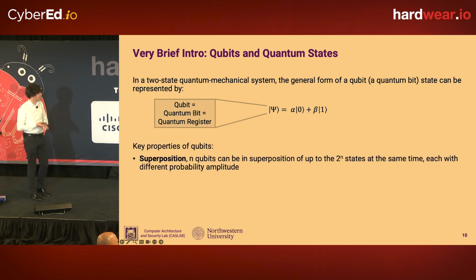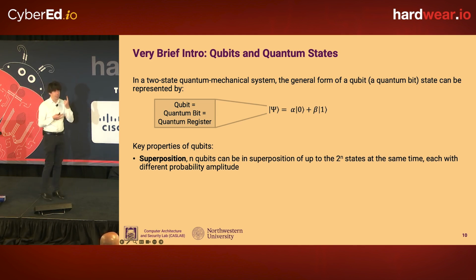There are a couple of properties of qubits that you probably heard about that give the computational benefit to quantum computers. I guess the most famous one is superposition. It's the idea that n qubits can be in a superposition of up to 2 to the n states. So at any one time, the qubit is not in one state, but in a superposition of those states.